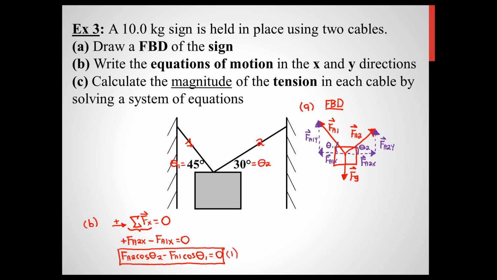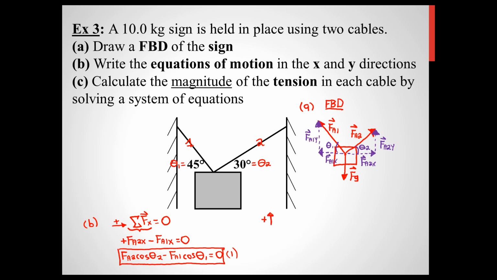You may have noticed already that the FBD is pretty much the same thing as example 1 for a hanging picture frame. The big difference right here is these angles are not the same. And you can see in equation 1 the complication. For the picture frame example, because the theta values were the same, we were allowed to cancel the cosines off, which just told me the magnitude of the tension in both wires was identical. We're not going to be able to do that here. That's going to make things tougher.